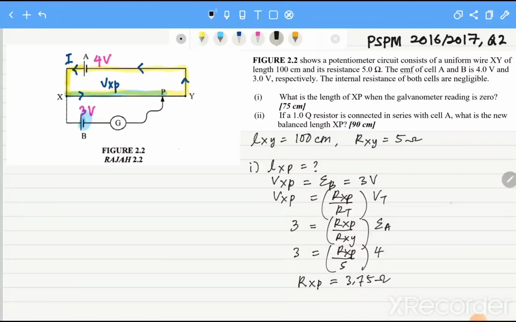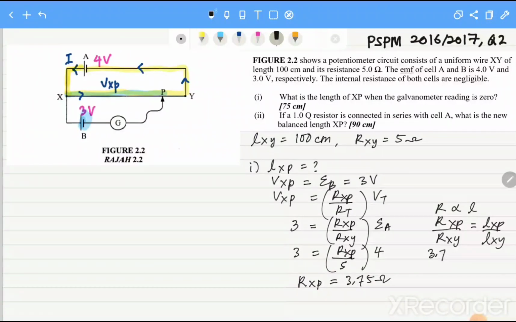The resistance of wire and length are directly proportional. So here we can write the ratio RXP over RXY equals to LXP over LXY.